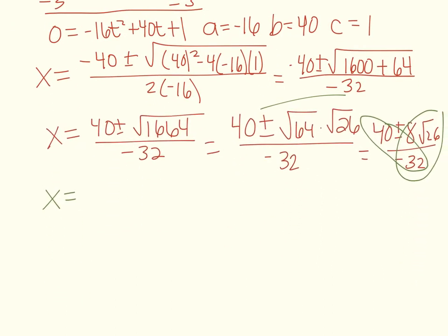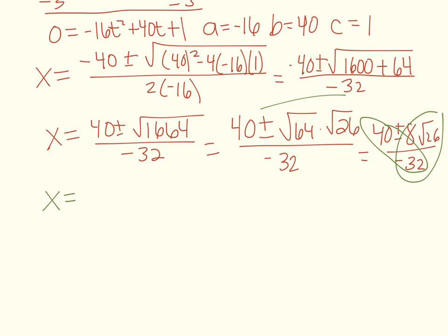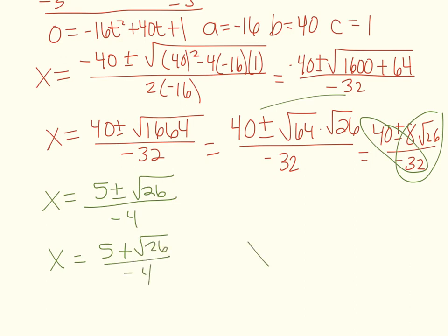So we will have 5 plus or minus the square root of 26 over -4. So we have two answers. X equals 5 plus the square root of 26 over -4, or x equals 5 minus the square root of 26 over -4.